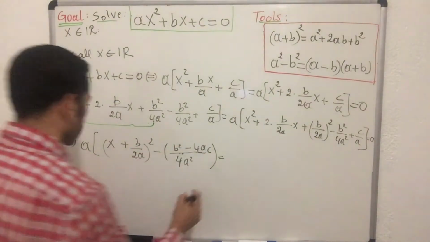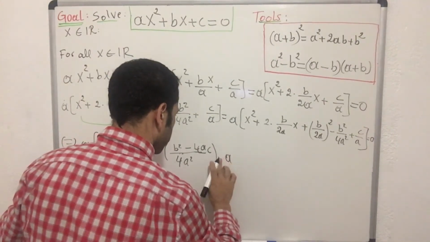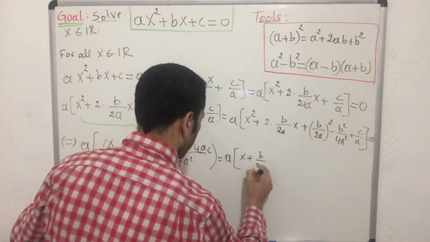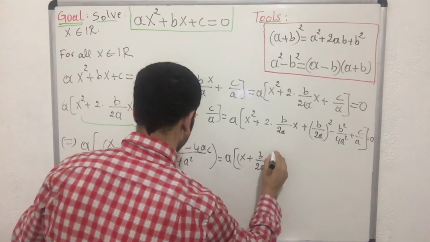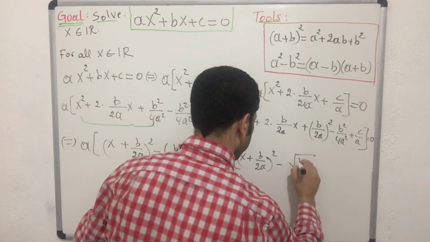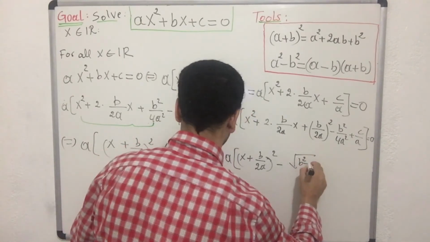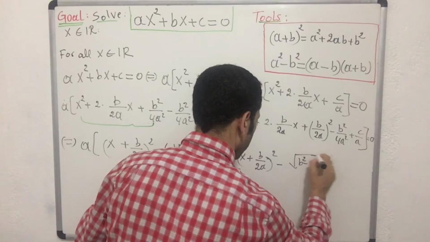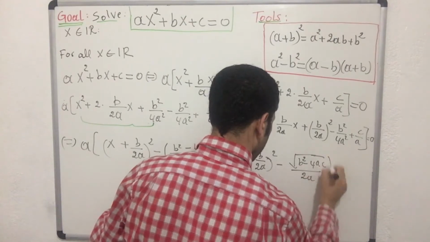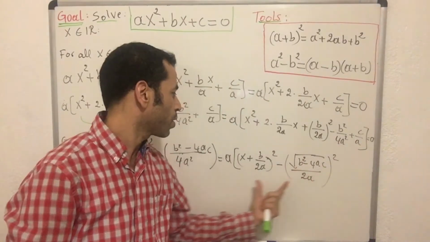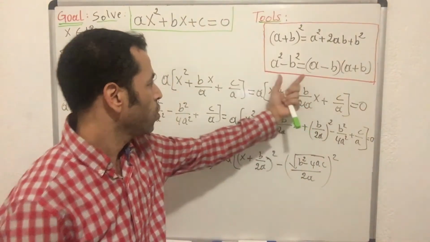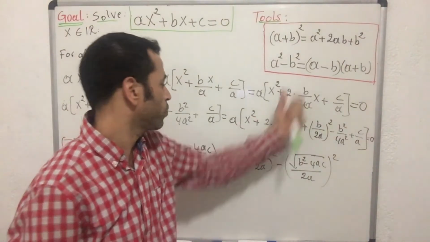Okay, so a factor x plus b over 2a, quantity squared, minus b squared minus 4ac over 2a, quantity squared. Capital A squared minus capital B squared, exactly what you have here. Okay, this one is written in this form now.